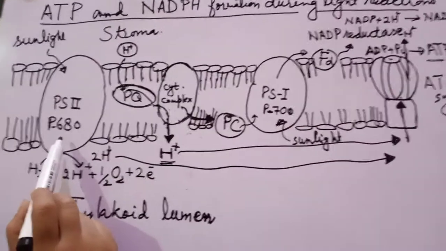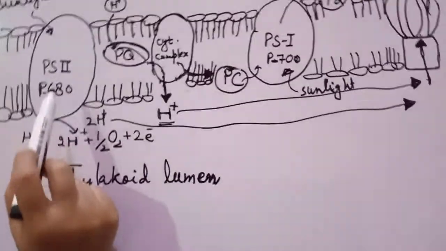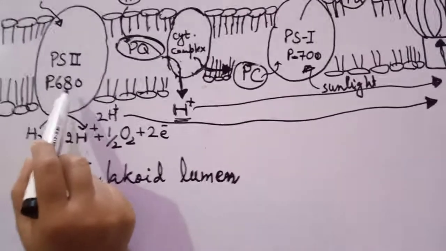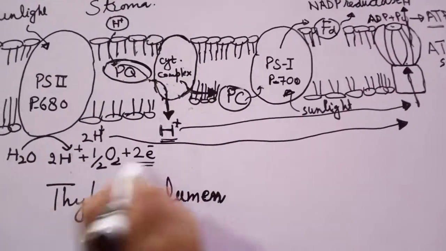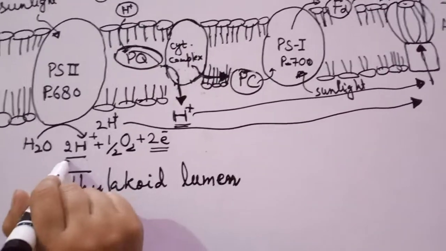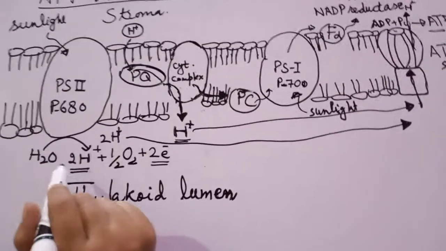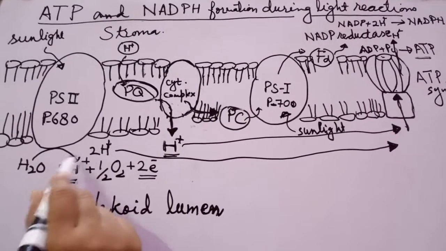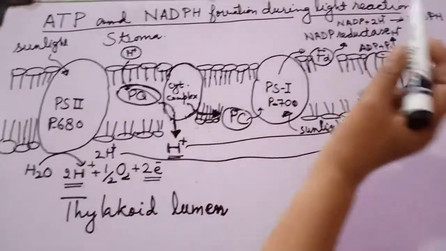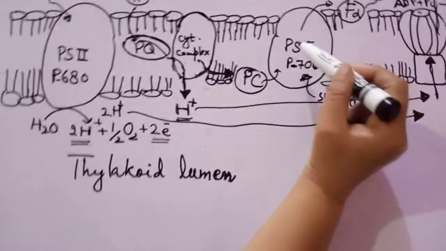The two holes created in the chlorophyll A molecule in photosystem 2 are filled by the electrons contributed by the hydrogen ions obtained from water. In this way hydrogen gets changed into protons.